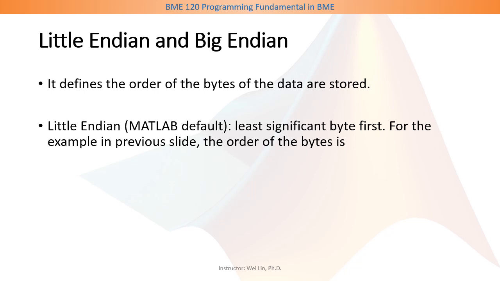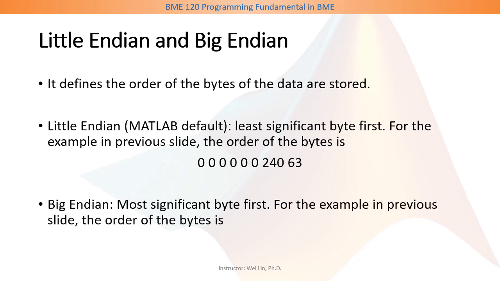It will store the least significant byte first. For example, for the value we just got in the previous slides, the order of the bytes is as follows: 0, 0, 0, 0, 0, 0, 240, 63. It's just the reversed order of what you saw in the previous slides.